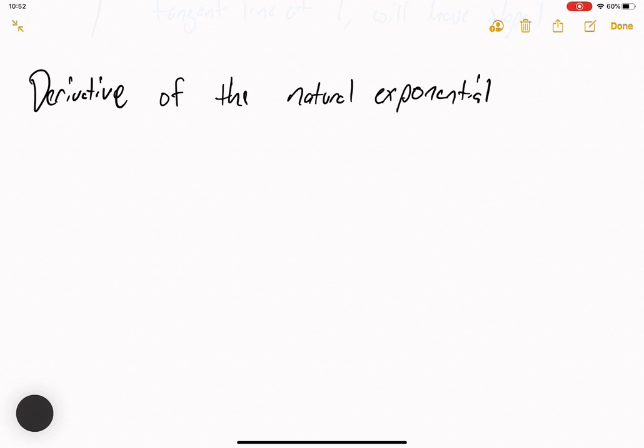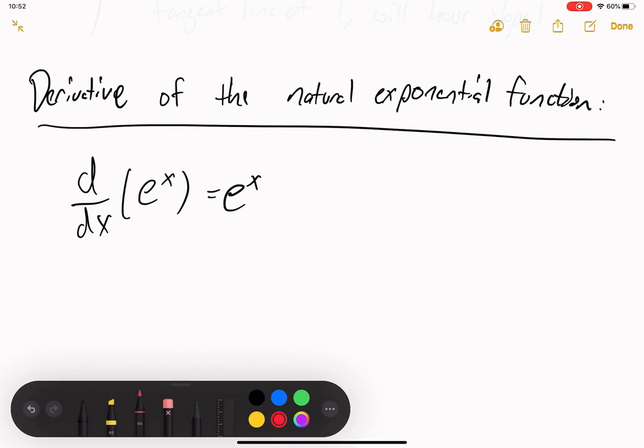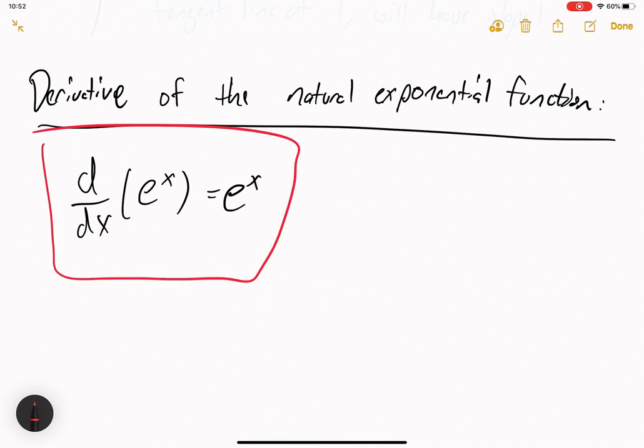Usually if we say a natural exponent, we just say e to the x, because e is one of those very nice numbers, and you'll see why. We have that d/dx of e to the x is just equal to e to the x. This is why it's referred to as natural: when we take a derivative of e to the x, we just get back e to the x. So nice, very beautiful.